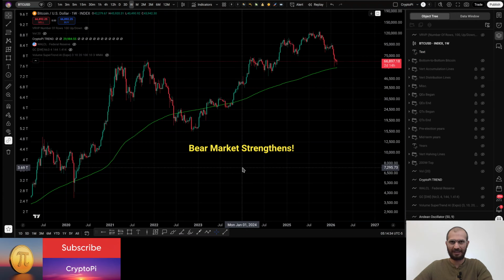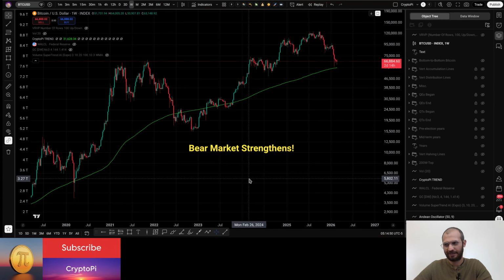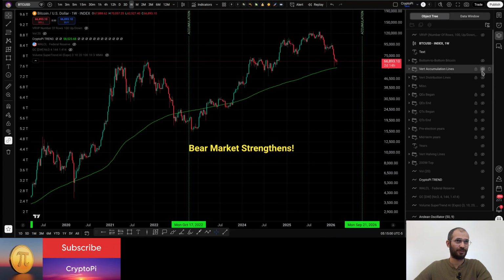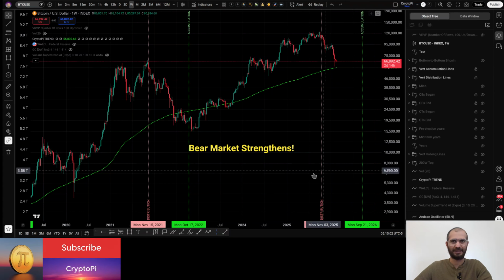In different phases of this 4-year cycle, Bitcoin basically goes into a bear market, and within that bear market there are some pullback rallies, and in a bull market there are quite a good number of drawdowns.